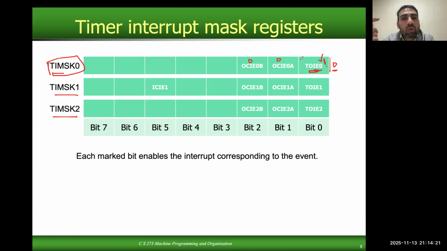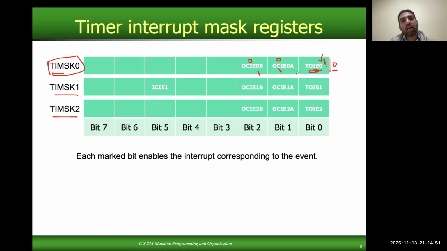But if you don't want to use polling and you want to use interrupts in the CTC mode, then you need to enable these interrupts by writing 1 in the corresponding bits. If you write 1 in the OCIE0A bit, you are saying that when the value of output compare register A becomes equal to the timer register's value for timer 0, then generate an interrupt.